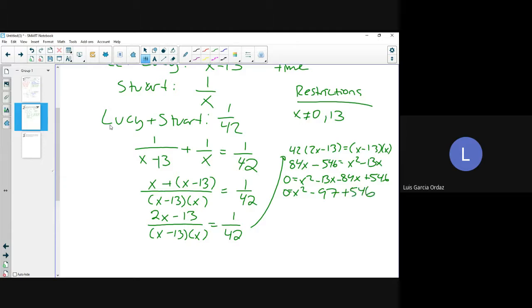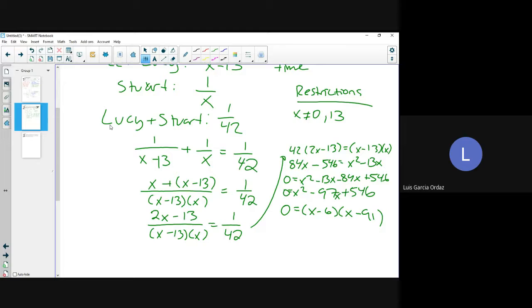There is a factor that helps this out: 6 and 91. So you got 0 is equal to x minus 6 times x minus 91. Trial and error, or also because I'm built different.